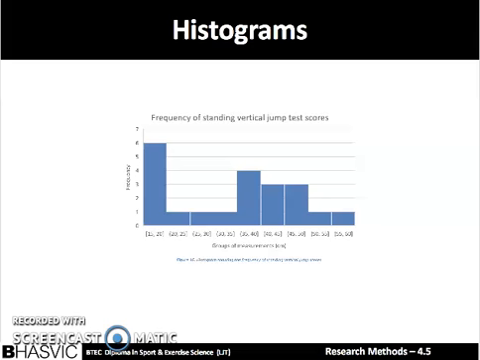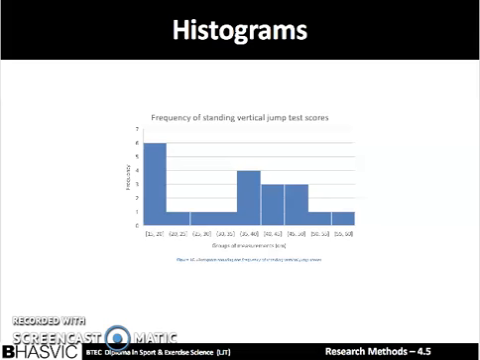The first group is 15 to 20, 20 to 25, and so on. And then you have the frequency shown as well. The frequency is basically just stating how many scores are in that 15 to 20 category, in that 20 to 25 category, and so on.